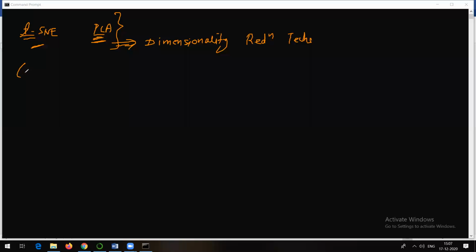Now, what are the goals for reducing the dimensionality of the data? Why reduce the dimensionality? I have discussed that you will get your model in less time and processing will be faster, but there are some other reasons also why these dimensionality reduction techniques are important.